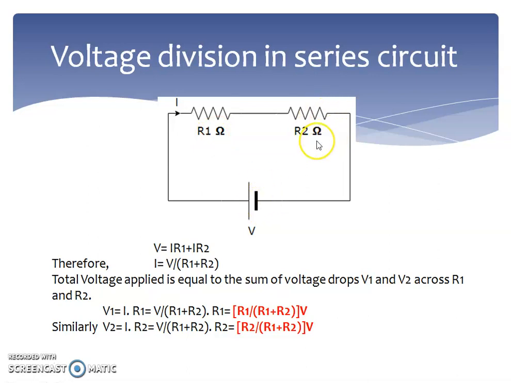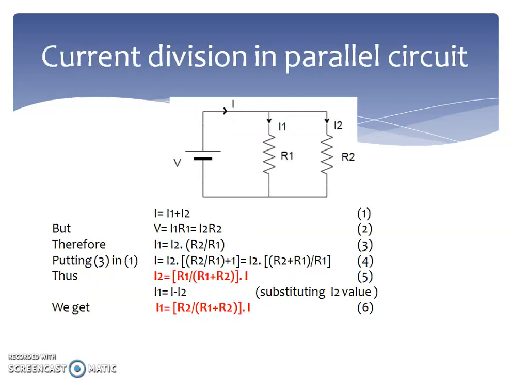And the voltage across R2 is R2 divided by the total resistance R1 plus R2 into V. So in terms of the voltage division rule, V1 across R1 is equal to the total voltage V multiplied by the same resistance R1 and divided by the total resistance R1 plus R2. And the voltage V2 will be equal to R2 divided by R1 plus R2 multiplied by V. This is the voltage division rule.